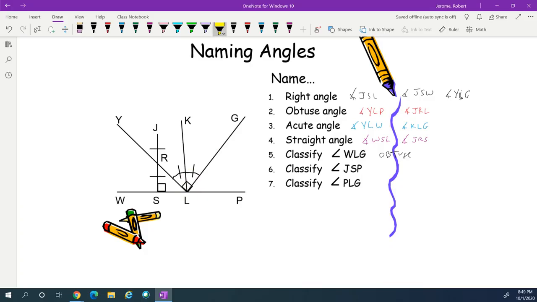Angle JSP. JSP. Well, again, look at that. Look right for the vertex. There's a little box. So what does that little box tell us? It's a right angle.